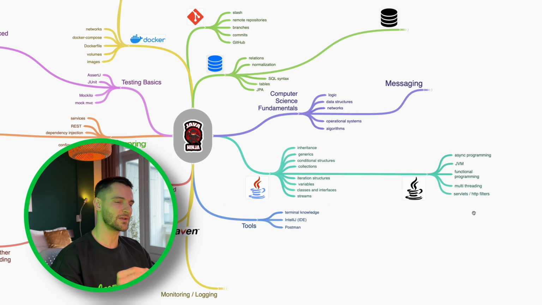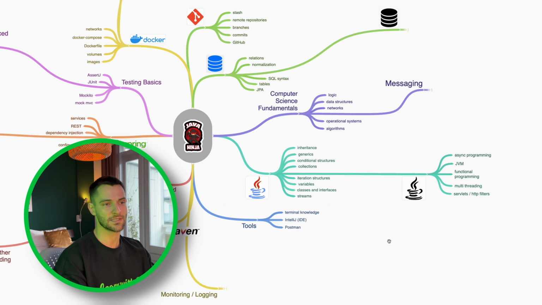Many frameworks such as Spring, they already abstract multi-threading for you in their HTTP servers or in parts of the framework. But sometimes a senior developer has a task at hand and he needs to actually implement multi-threaded code. So you do that by using task schedulers, thread pools, and things like that.